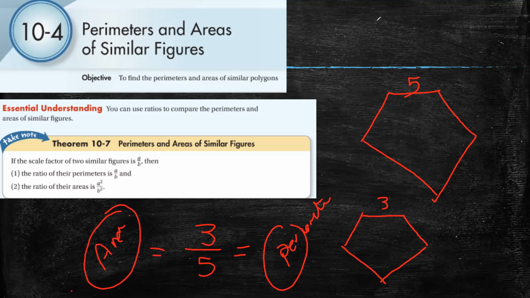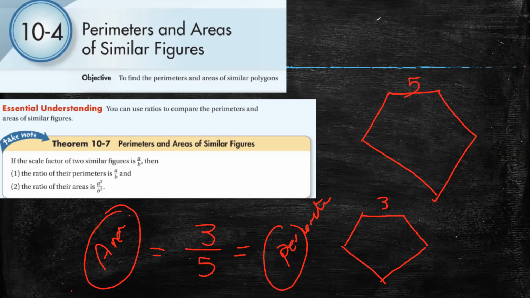If you know the perimeter of the smaller one is 15 as an example, what's the perimeter of the second one? Or if the scale factor is 3/5 and the area of the smaller one is 300, what will be the area for the bigger one?